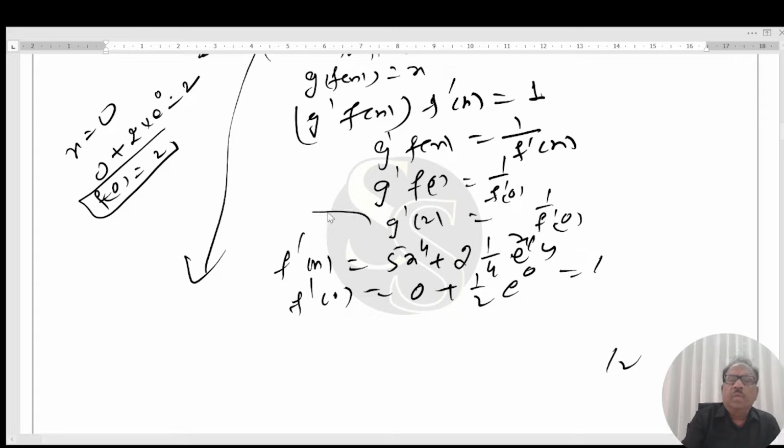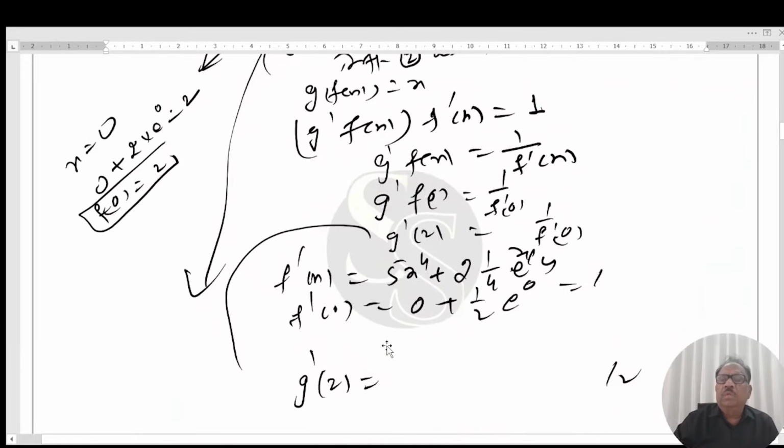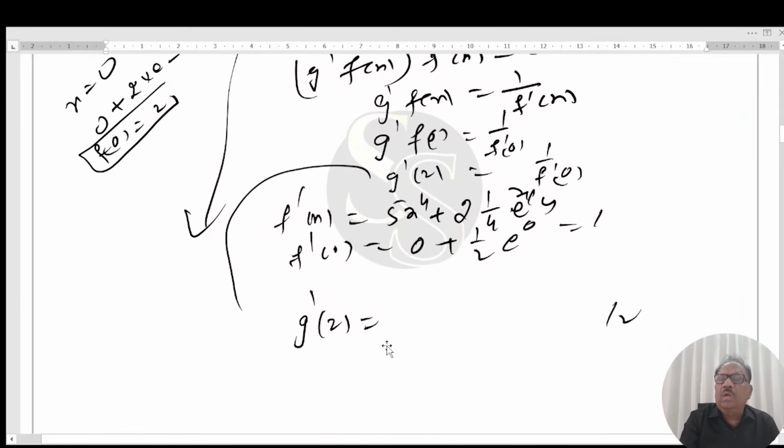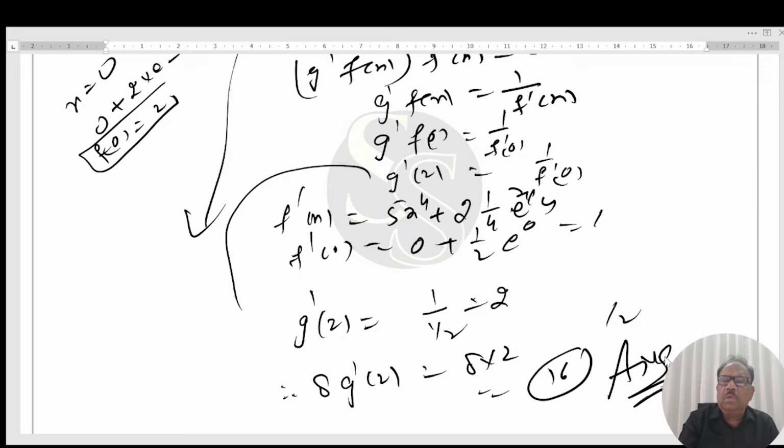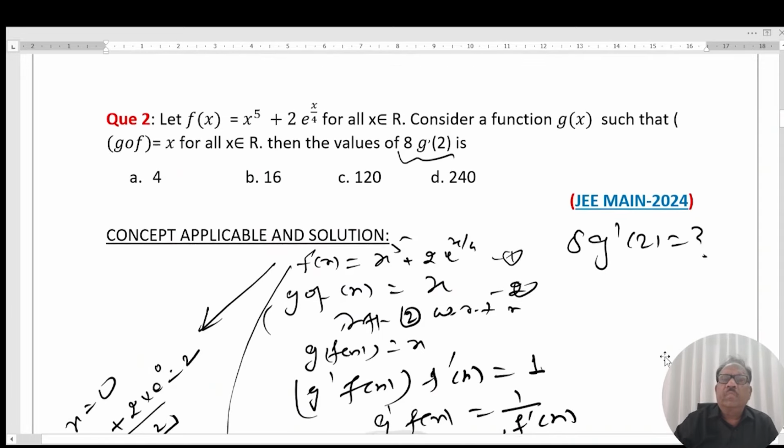Therefore, g dash 2 will be 1 over f dash 0, 1 over 1 by 2, that is 2. Therefore, 8 g dash 2 will be equal to 8 into 2, that is 16. That is the answer.